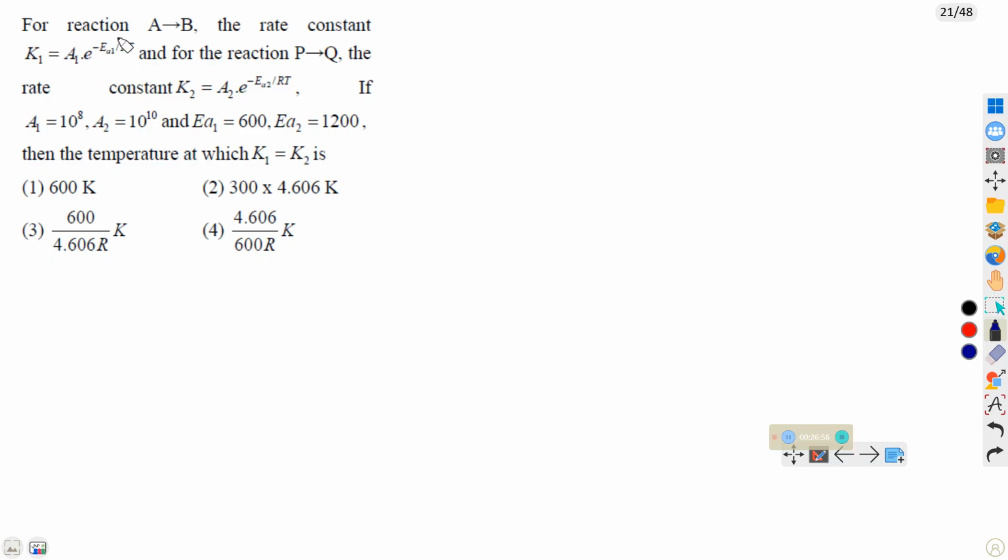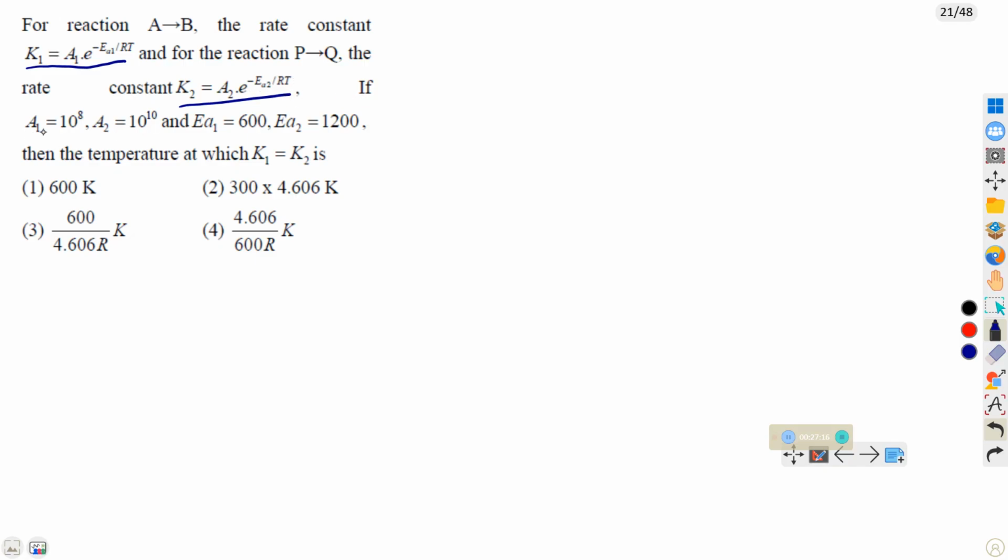For reaction A gives rise to B, the rate constant K1 is equal to A1 into e power minus EA1 by RT, and for the reaction P gives rise to Q, the rate constant K2 is equal to A2 into e power minus EA2 by RT.